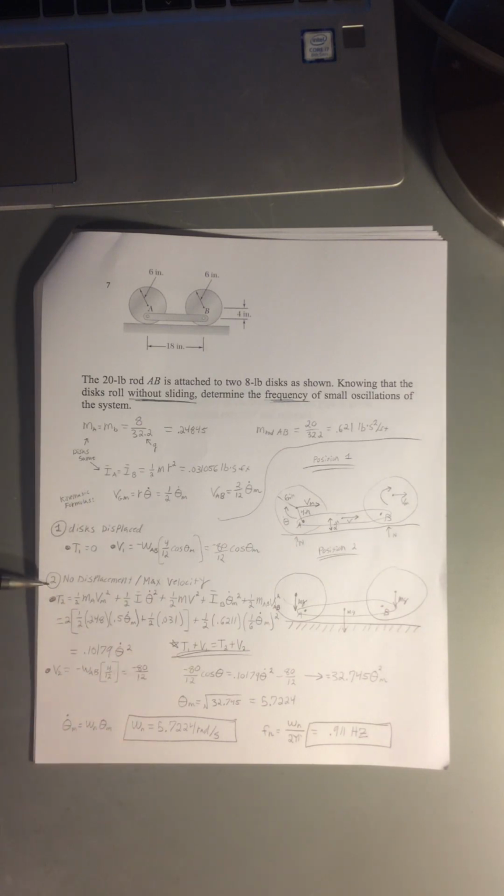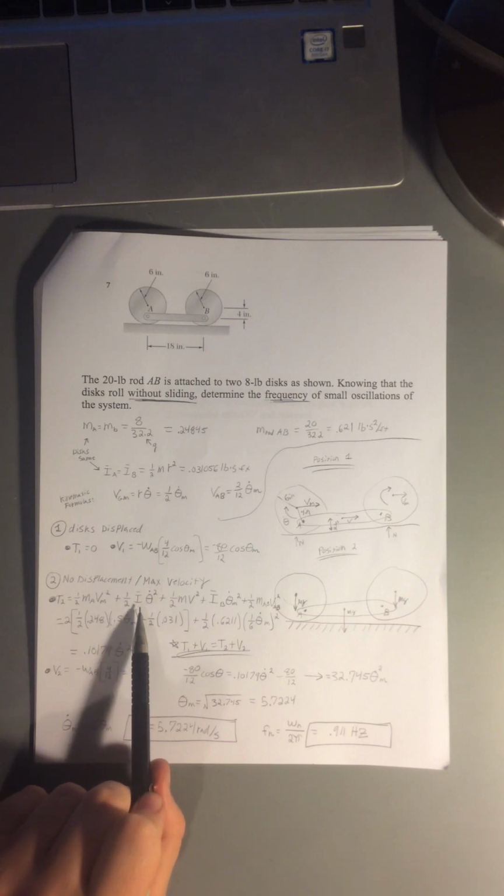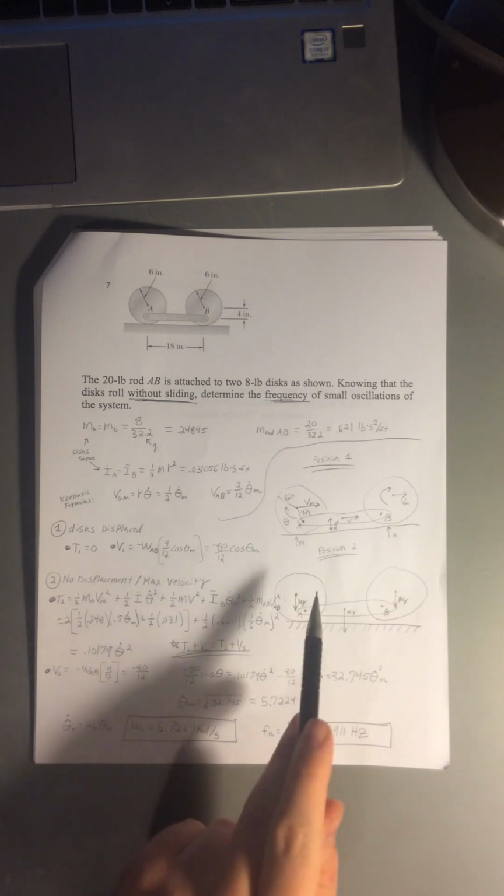For position 2, right here, this is our kinetic energy term, and there were a lot of different terms we had to consider. We had the kinetic energy of translation and the kinetic energy of rotation for each cylinder.